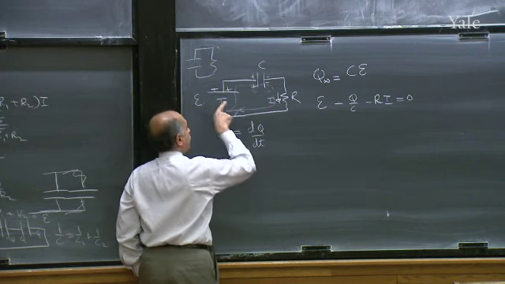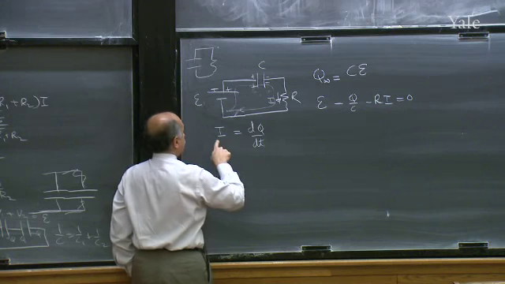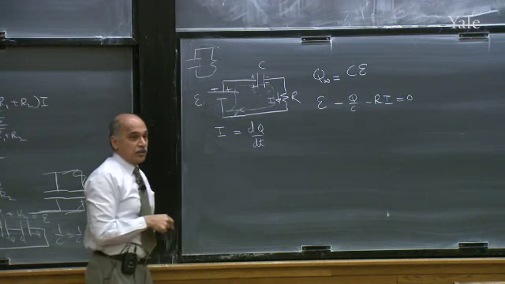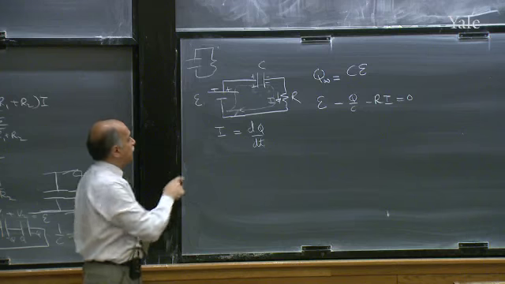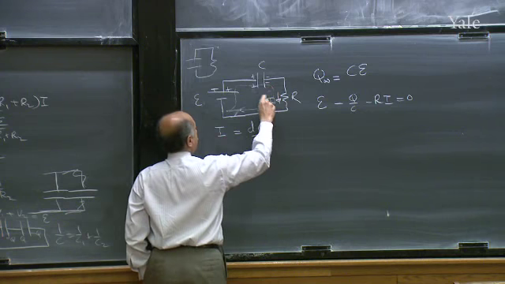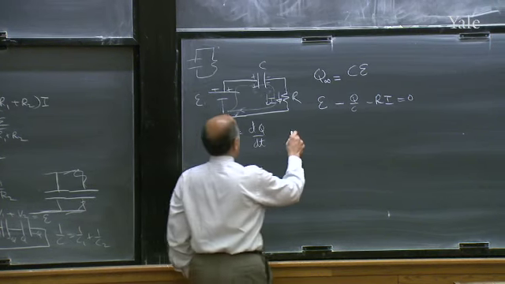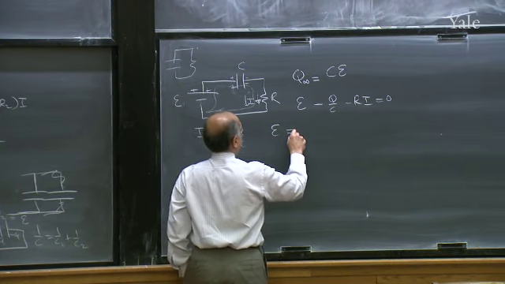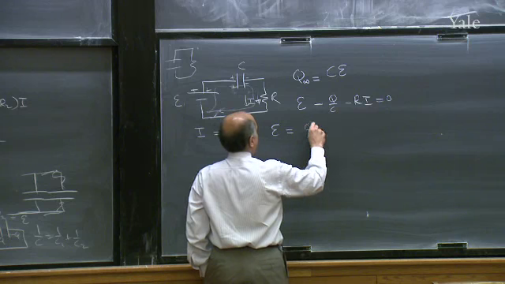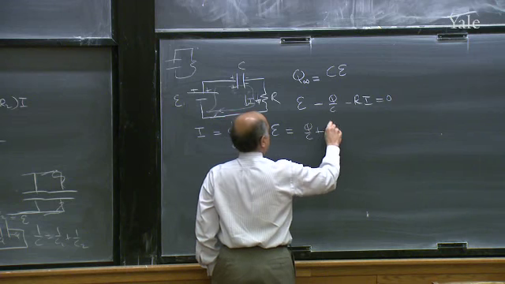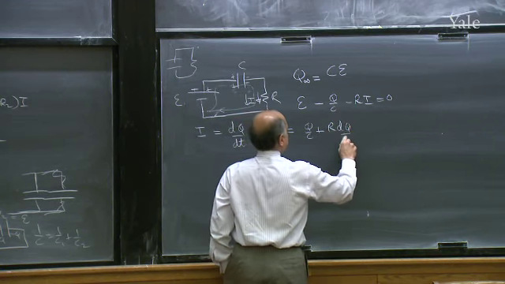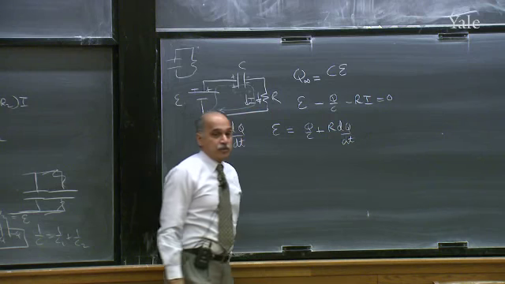So the current flow is the charging of the capacitor. So I is, in fact, plus dQ/dt. In other words, if I is positive and the current is going this way, charge is building up on the capacitor. So if you remember that, you get the equation E equals Q over C plus R dQ/dt. So that's the equation you want to solve.